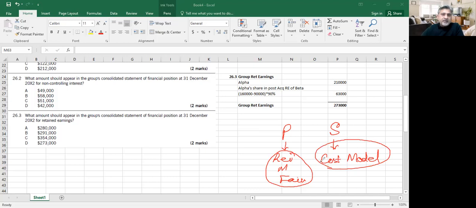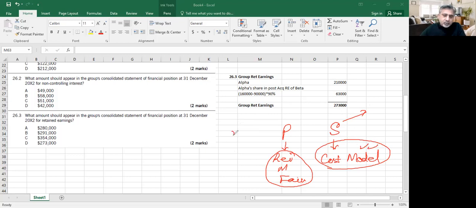We know that in consolidation, we have to prepare the consolidated balance sheet with a uniform accounting policy. I cannot go and tell the subsidiary that you must change your cost model. They will not. It's a separate legal entity. They have their own accounting policy. I will tell them, you keep on doing the cost model, no problem.